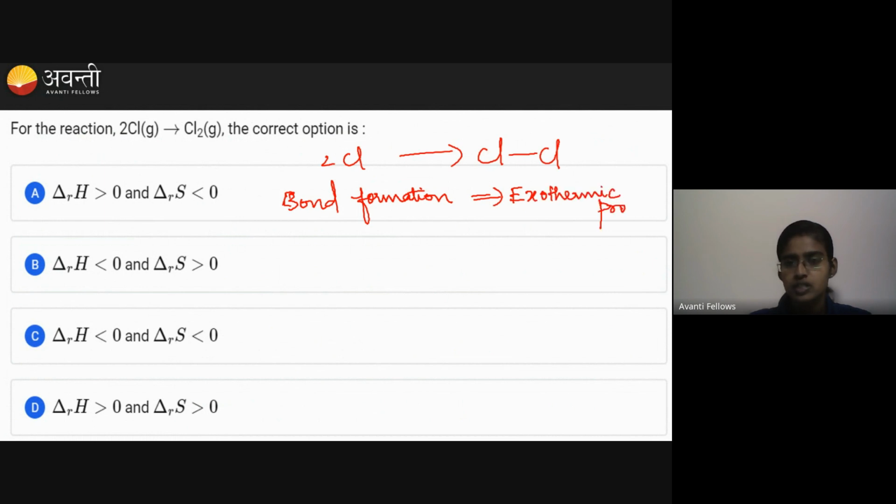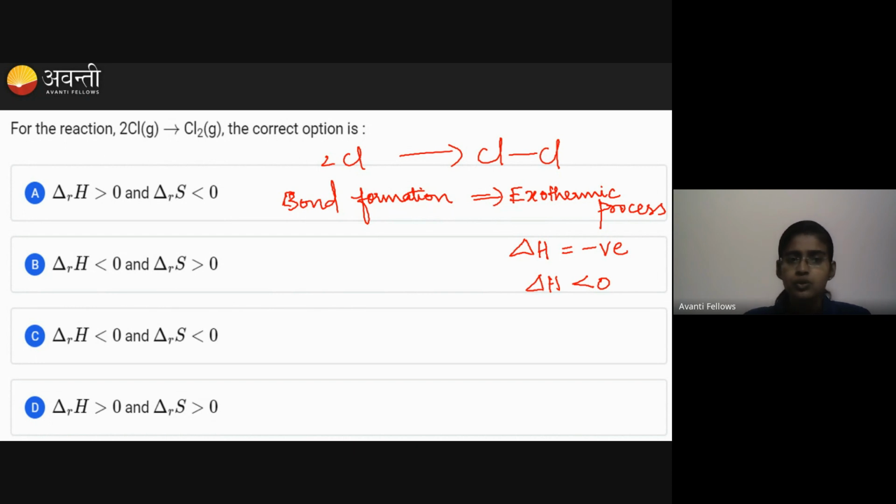Bond formation is an exothermic process. And if the process is exothermic, then delta H value is negative, meaning delta H is less than 0. So option B or option C should be the correct answer.